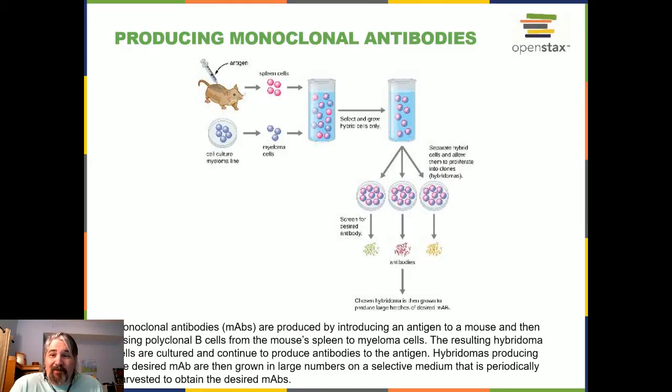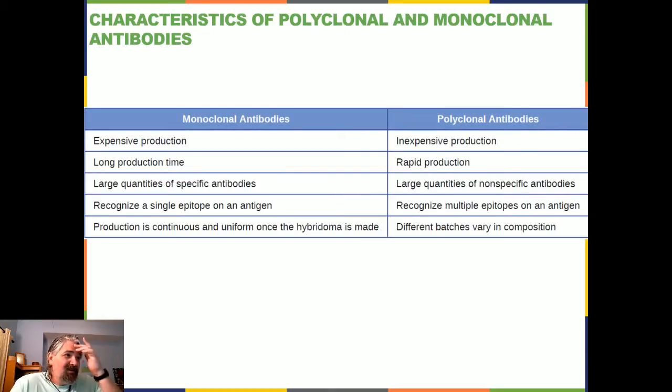So it's obviously a lot more difficult, right? It's going to be a lot more expensive to produce, with a longer production time, but you do get large quantities of specific antibodies that can recognize a single epitope. Production is continuous and uniform once the hybridoma is made for monoclonal antibodies. For polyclonal antibodies, it's a lot less expensive, and production is fairly rapid.